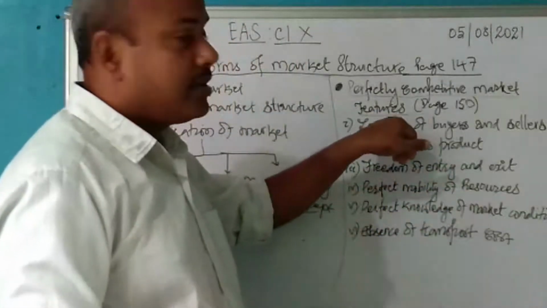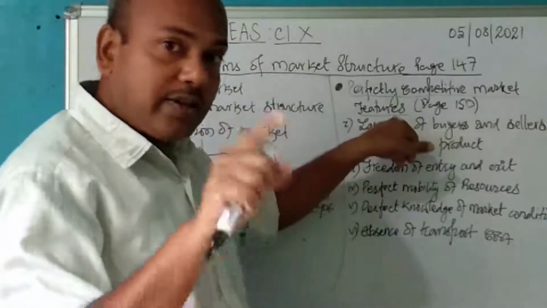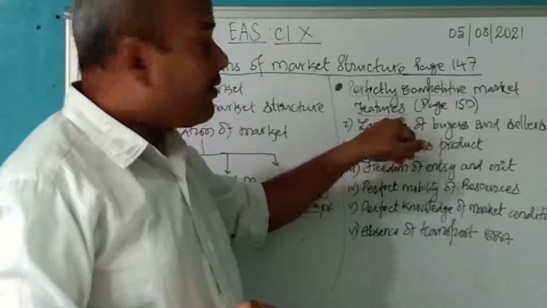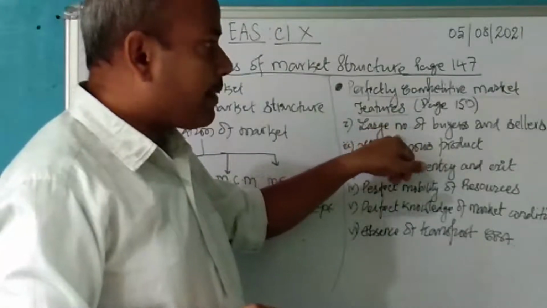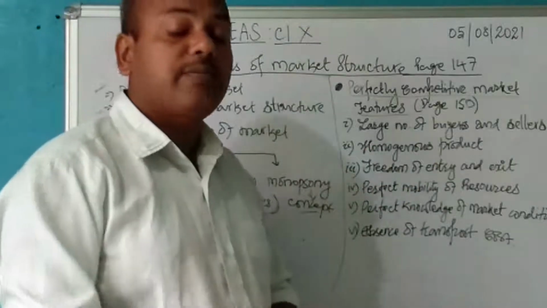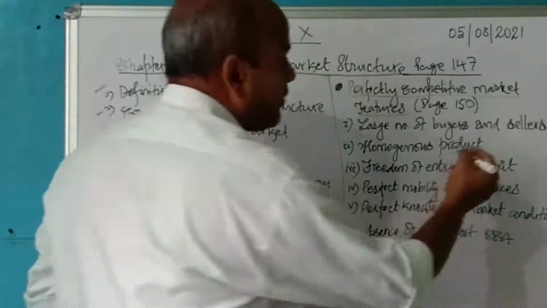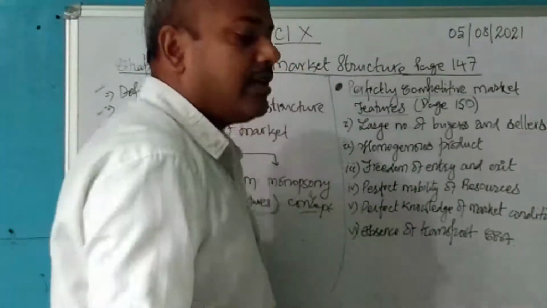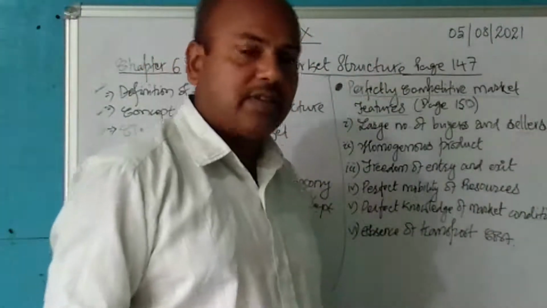Definition first. Now features. In the definition itself, there were two features of a perfectly competitive market. First is large number of buyers and sellers. Now what is the implication of this large number of buyers and sellers? What implication does it have in the market?